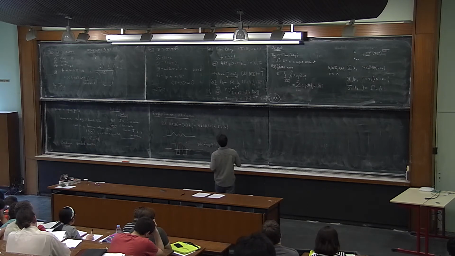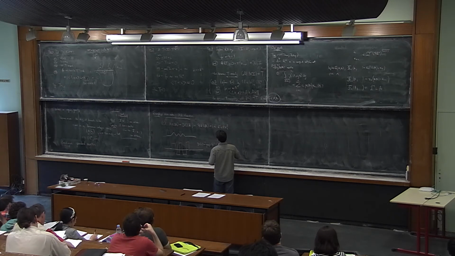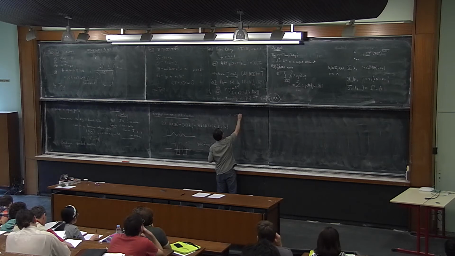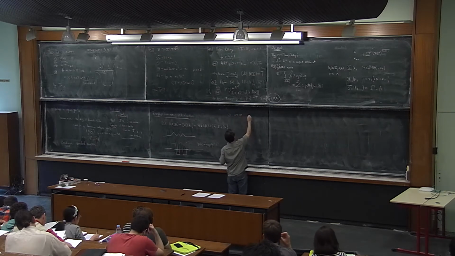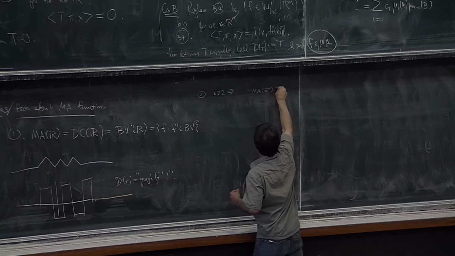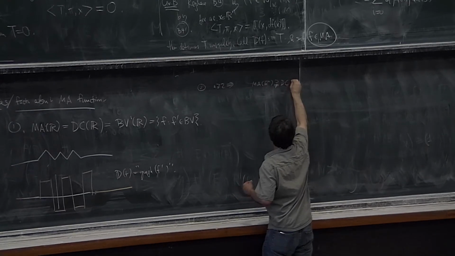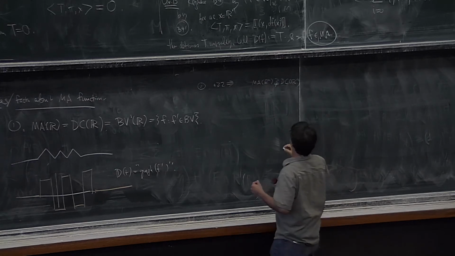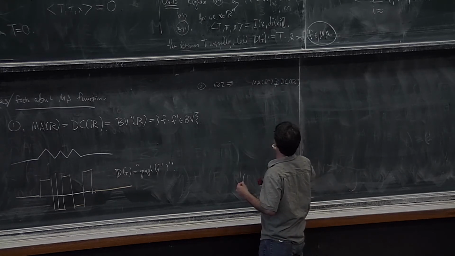Yeah. So another case of interest is, oh yeah, let me say, if n is at least 2, then we know that first of all, MA of Rn contains but is not equal to DC of Rn, and what else am I saying?